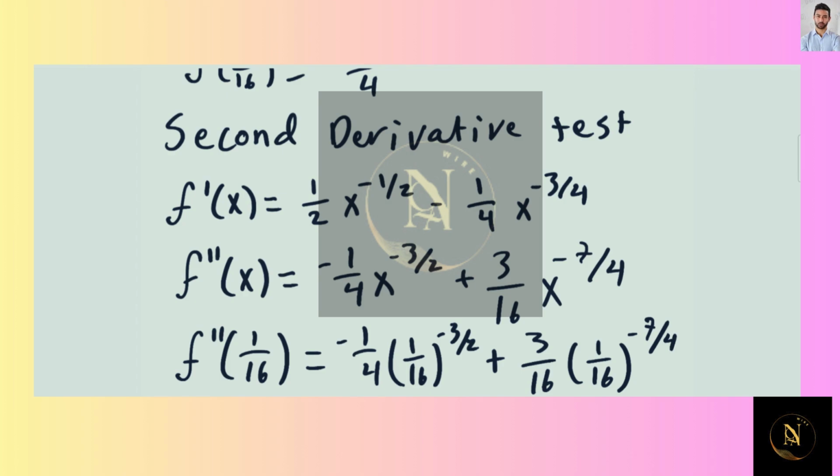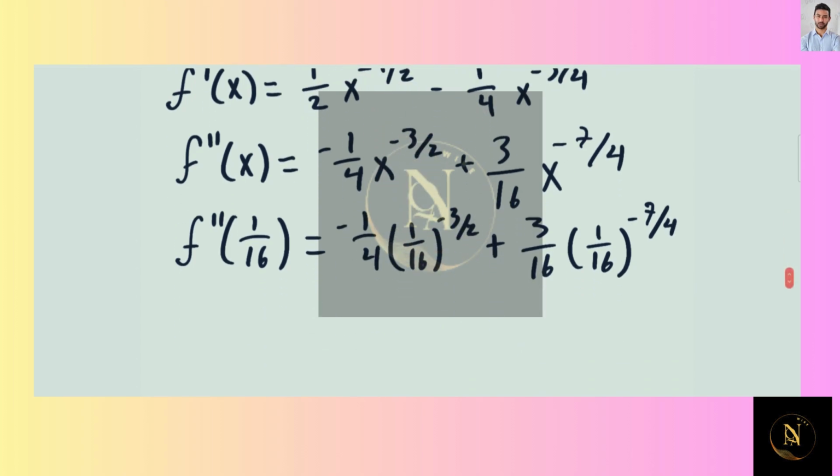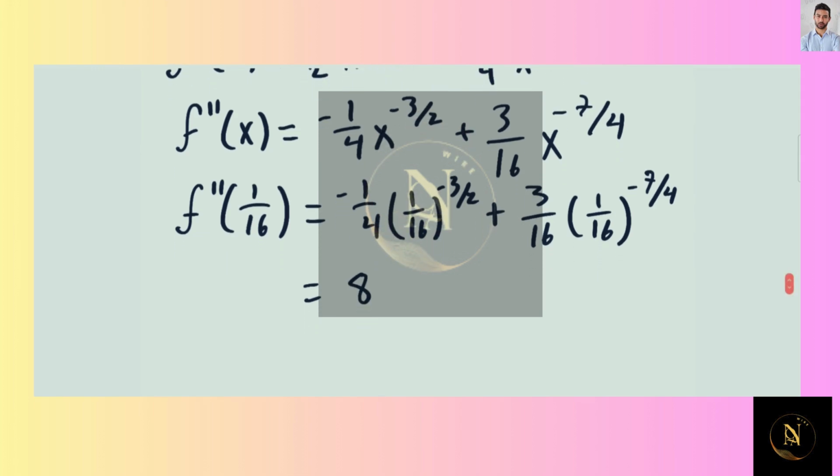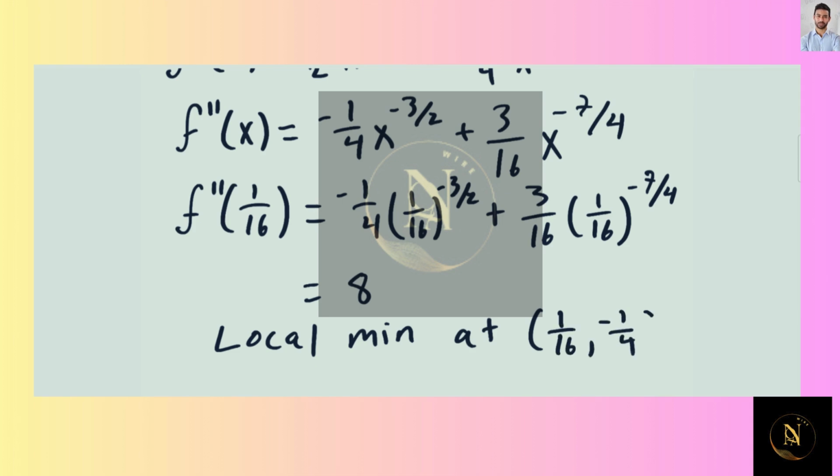If you plug this into your calculator, this is going to be equal to 8, which is greater than 0. Whenever our second derivative is greater than 0 at a critical point, that means that is a local minimum. So using the second derivative test, we found that this was a local minimum at the point 1/16, comma, negative 1/4.